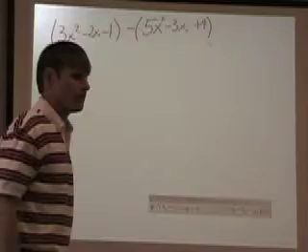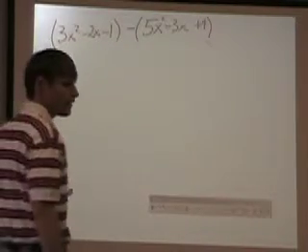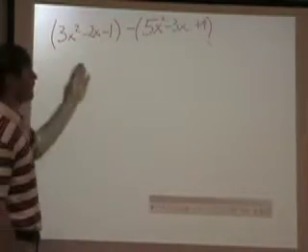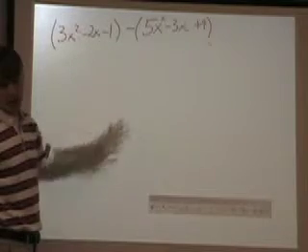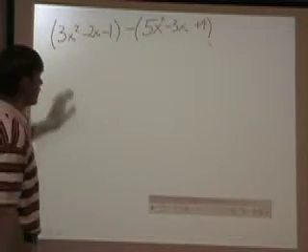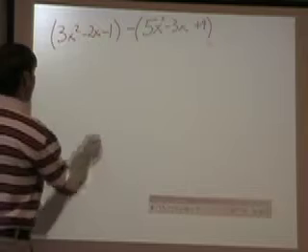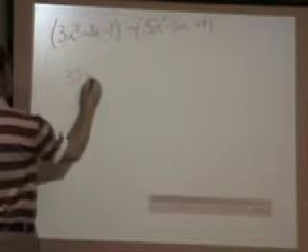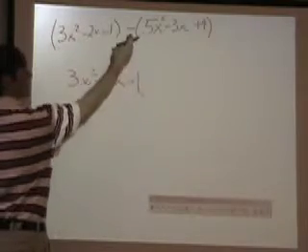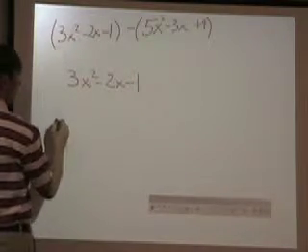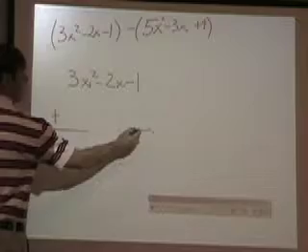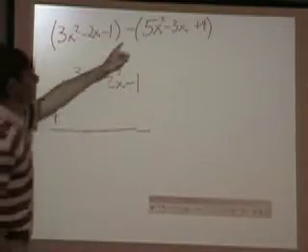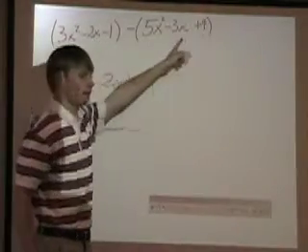Now, this is a very similar problem to the one we just got done doing, except instead of being two binomials, it's two trinomials. Like we did before, we're going to rewrite this down here, 3x squared minus 2x minus 1, and instead of minus, we're going to add it, but in order for us to add it, we have to change the sign of everything inside. Why?